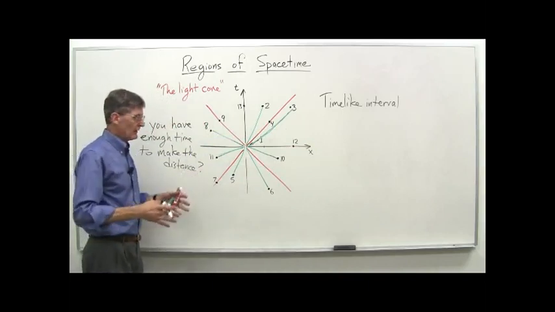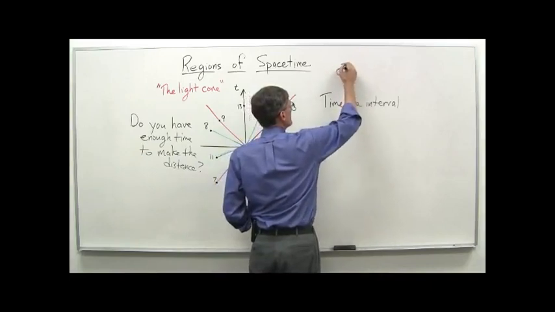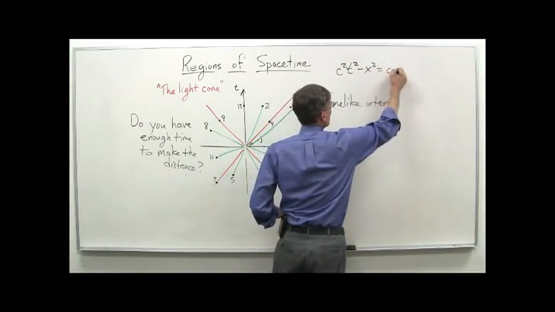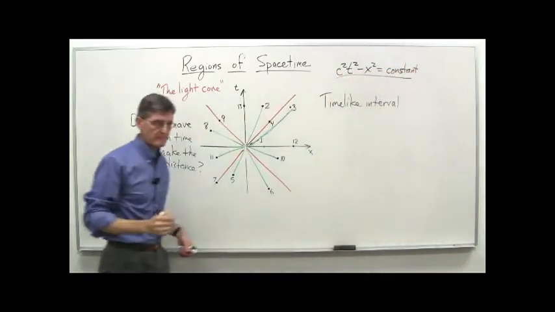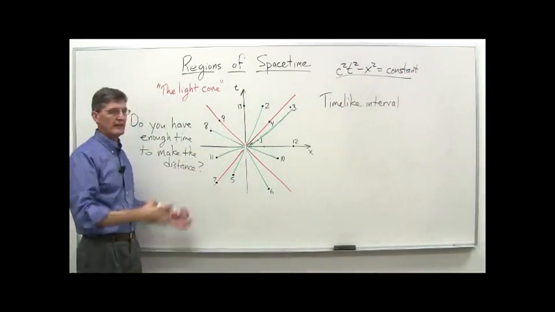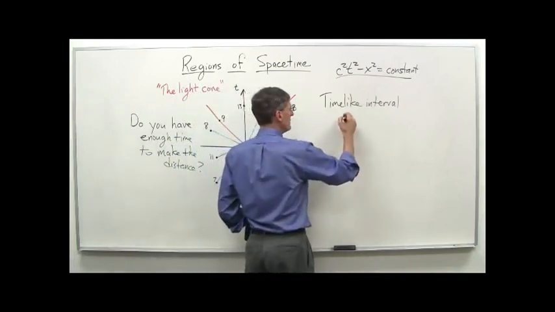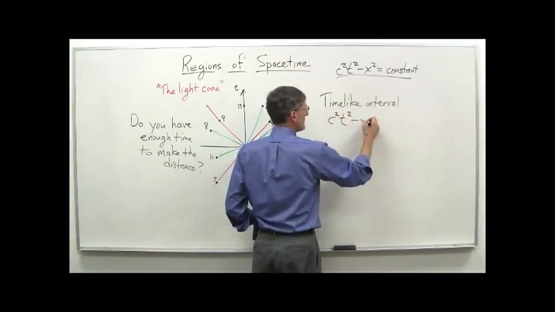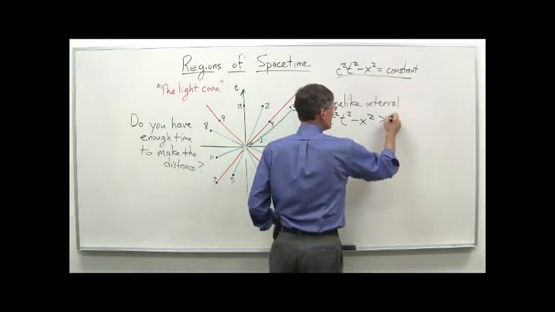Remember our invariant interval equation? c squared t squared minus x squared equals a constant. We're not going to try to prove this rigorously, we're just going to state it. If you have a time-like interval, this invariant interval, c squared t squared minus x squared, turns out to be greater than 0.